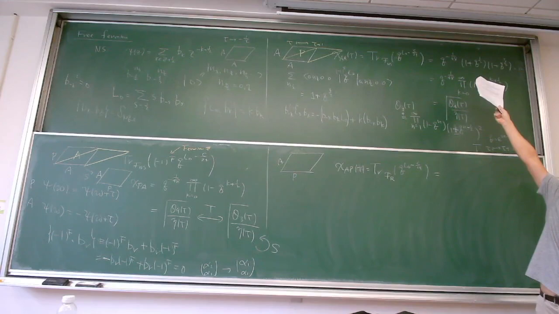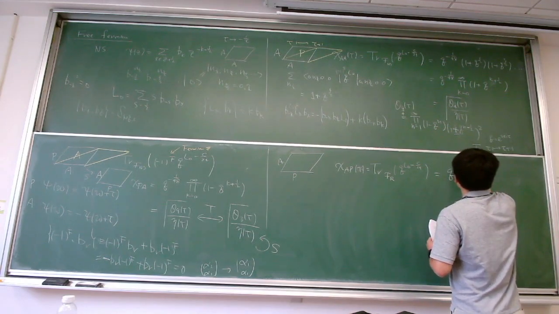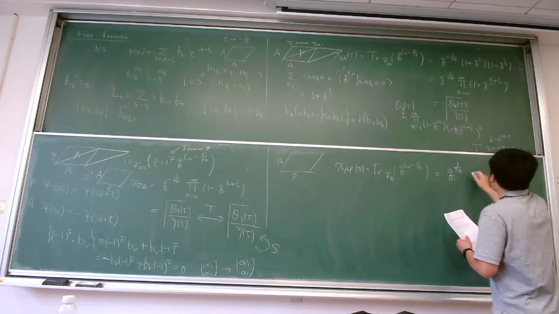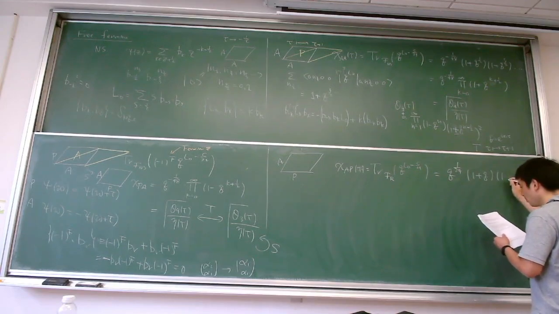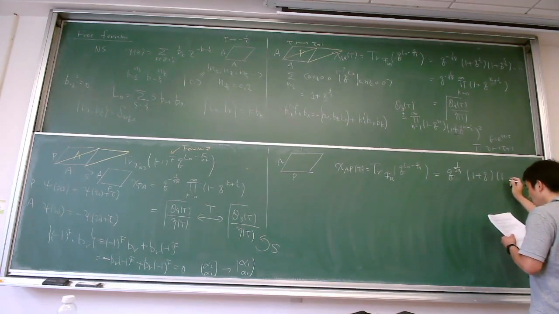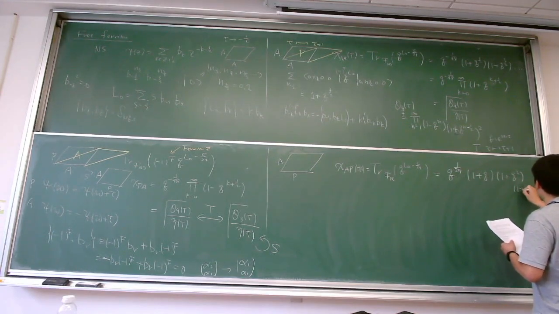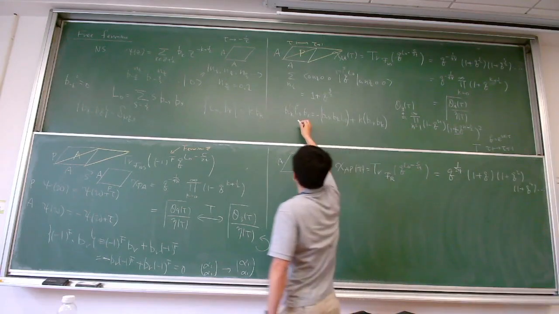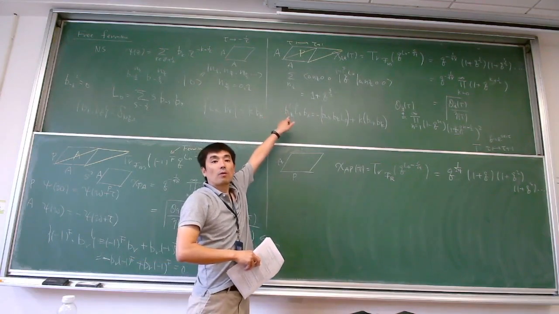Now, for the Ramond sector it becomes 1 over 24 for the vacuum. And then we have 1 plus Q, 1 plus Q squared, and 1 plus Q cubed, and so on. So now the mode expansion index k is an integer instead of a half integer, for the Ramond sector.